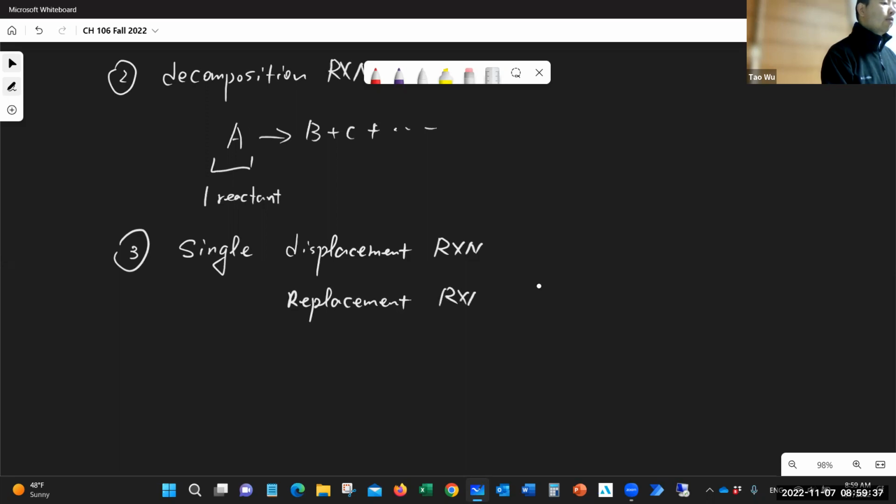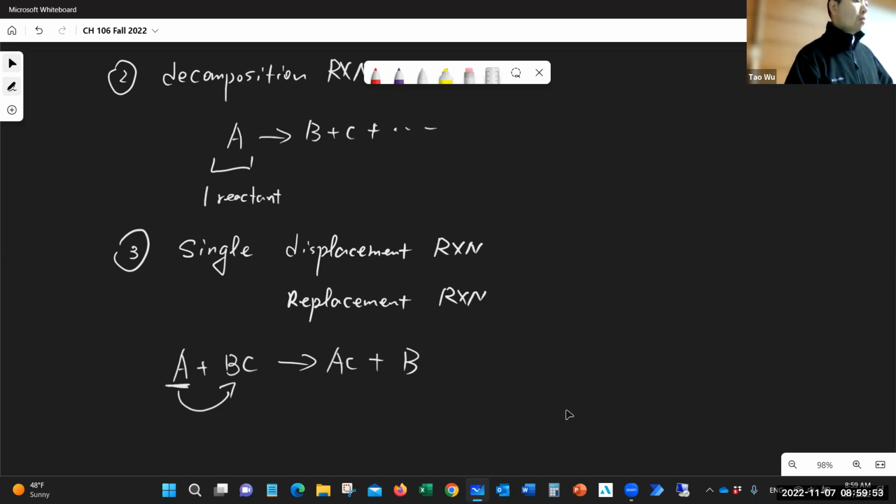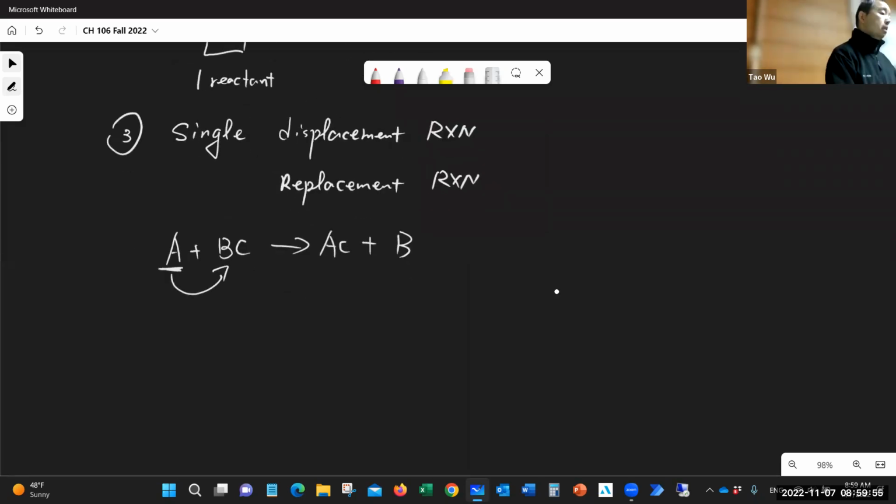This kind of reaction, you can see, is just A plus BC to form AC plus B. If you look at the formula, you will see the A is an element, and the element is going to replace another ion inside of the compound, taking the position of the B and kicking the B out.